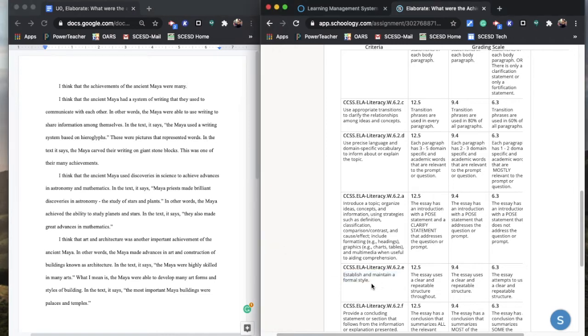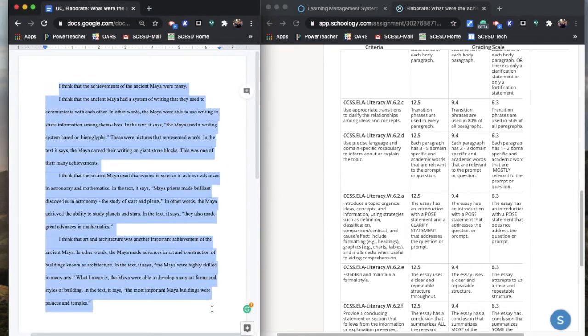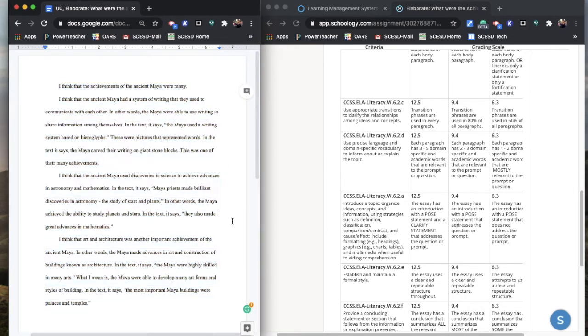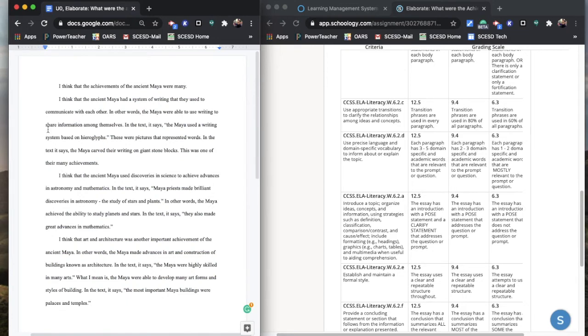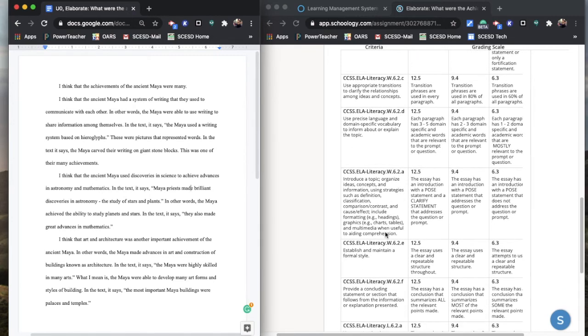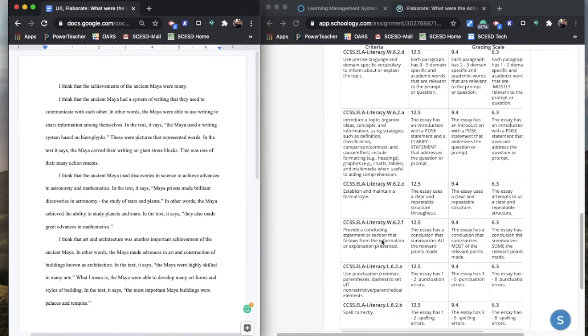Also, part of this establishing and maintaining a formal style, if you take this from your mind map and use your mind map as an outline, that is to ensure that you're maintaining a formal style of writing because you have outlined it already, and then you're just taking that outline and putting the meat and skin on everything. If that makes sense. So this is good. This is a predictable style. I started each sentence with I think that, I posed, I clarified, and I fortified. That's predictable. If you use the Hawk Talk cards, it's very predictable. It's easy for me to grade too.